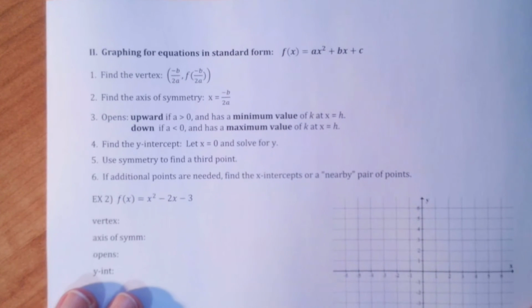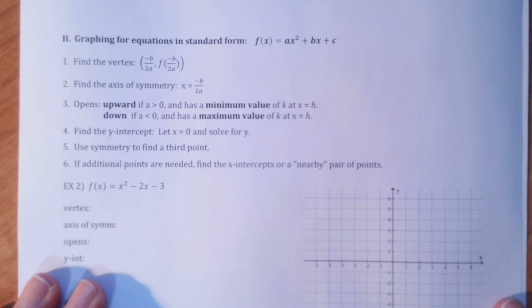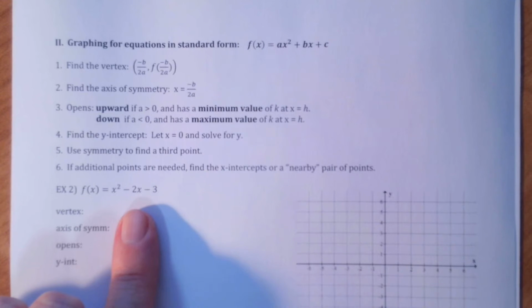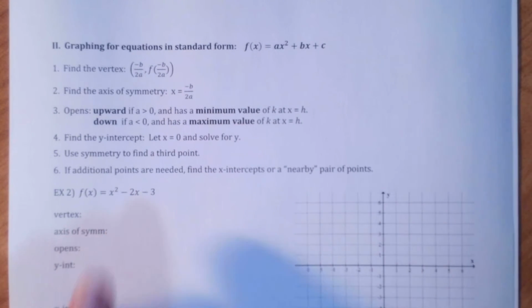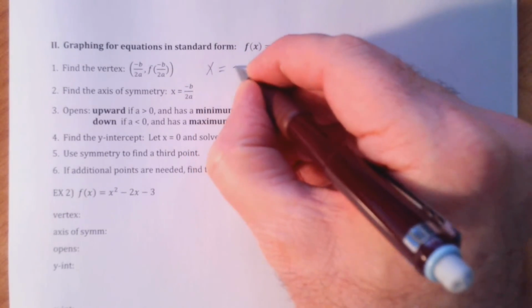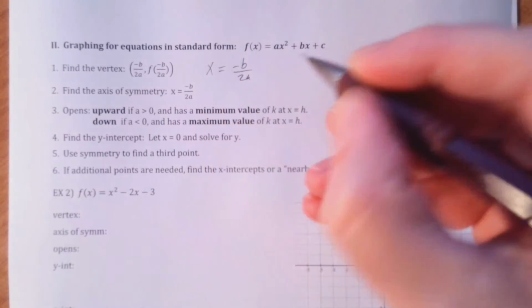So equations quite frequently are not in that vertex form that we were just looking at. And so we need another way when we have an equation that's in this standard form. Now, there's a way to put it in vertex form, and we do that by completing the square. But we won't be using that process. We're just going to use what's called the vertex formula, which is negative b over 2a.